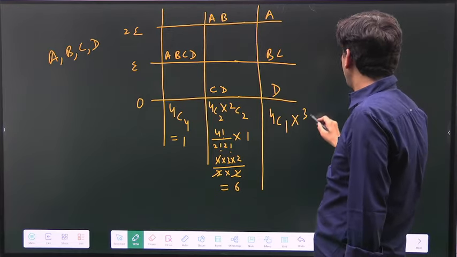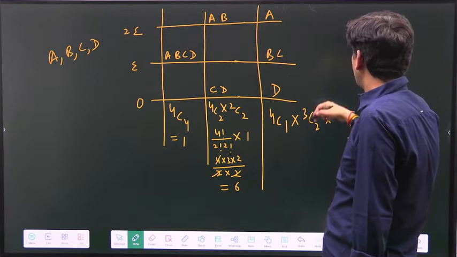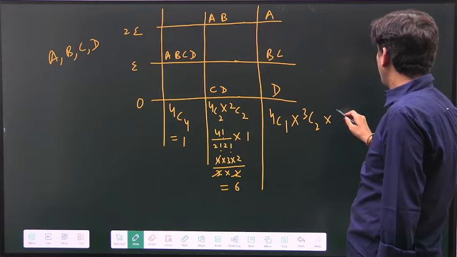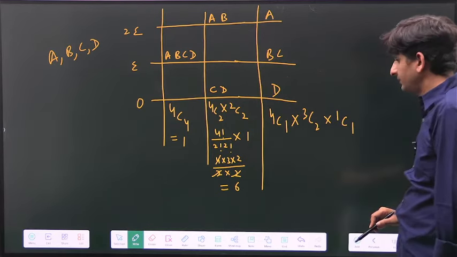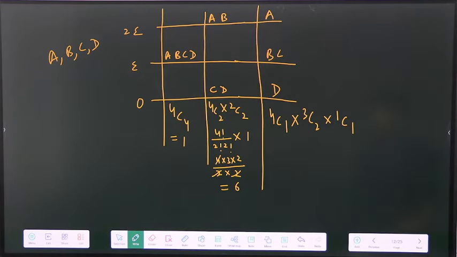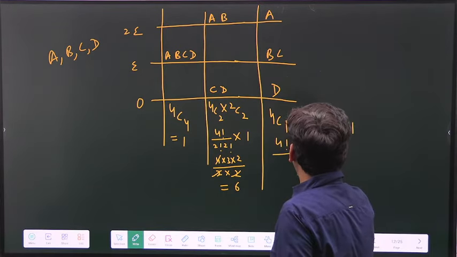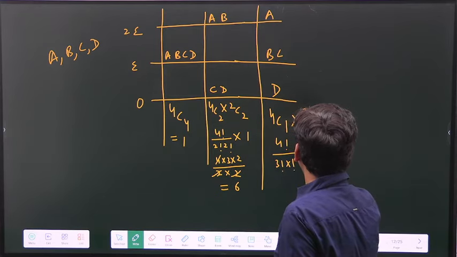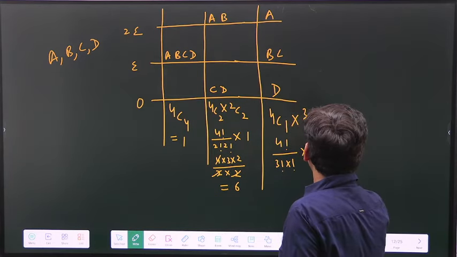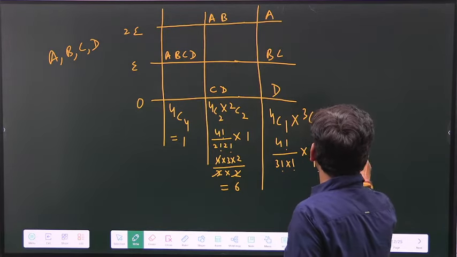Out of 3 I have to select 2. Now 3 gone. So out of 1 I have to select 1. Okay. So now this will be 4 factorial upon 3 factorial into 1 factorial into 3 factorial upon 1 factorial into 2 factorial into 1.